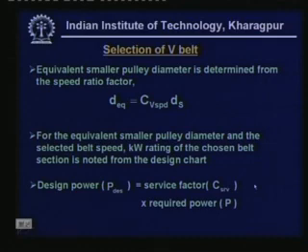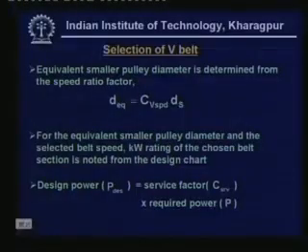As I told you, the equivalent smaller pulley diameter is determined from the speed ratio factor, and that you have determined. For the equivalent smaller pulley diameter and the selected belt speed, the kilowatt rating of the chosen belt section is noted from the design chart. This one also we have discussed right now, how to choose the kilowatt rating from the design chart. Then next comes the design power.